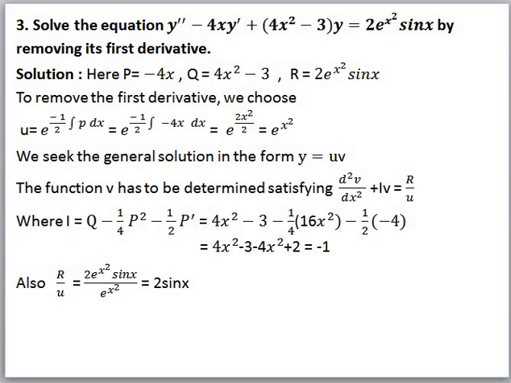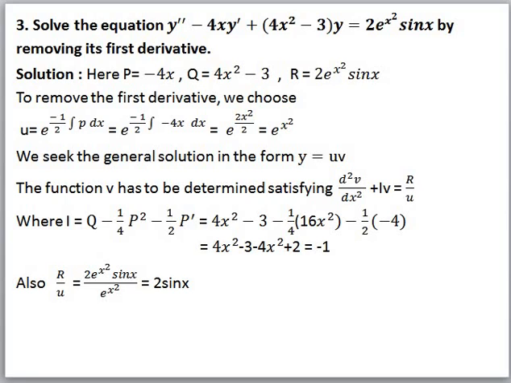Here p is minus 4x, whole square is 16x square, minus 1 by 2. The derivative of minus 4x with respect to x is minus 4. So simplifying, we get minus 1. And also r divided by u: here r is 2 e power x square sin x and u is equal to e power x square. E power x square gets cancelled.